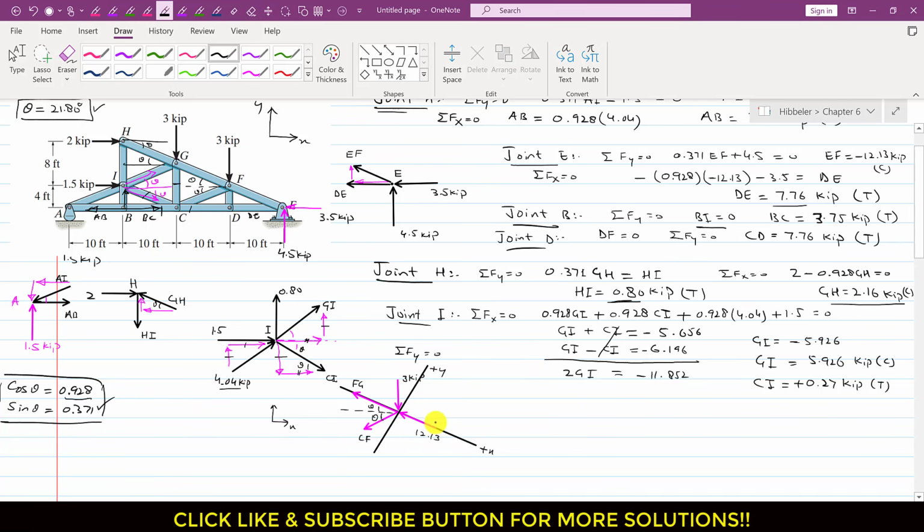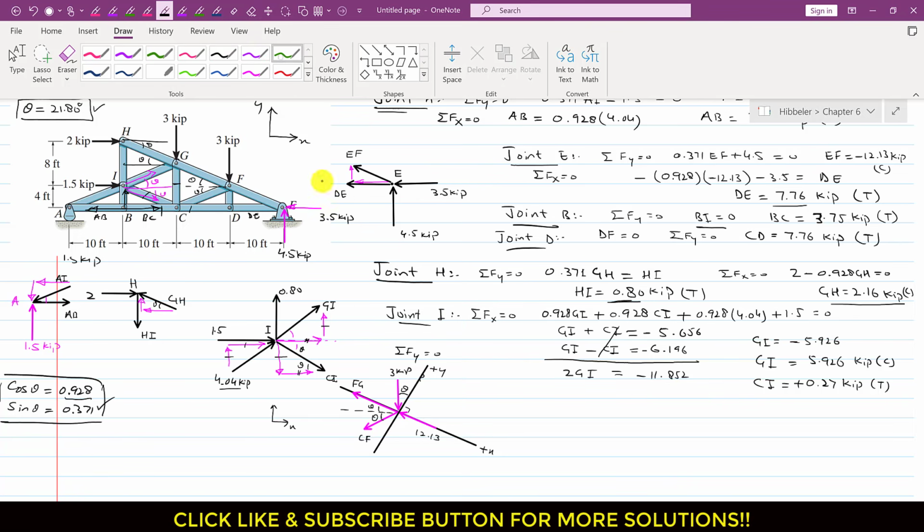Similarly, this y-axis is perpendicular to this line, and this 3 kip force is perpendicular to this horizontal line. The angle between the horizontal and this line is theta, so this 3 kip force is also making angle theta with the y-axis. This is our 3 kip force. Now if we resolve these forces into their components.